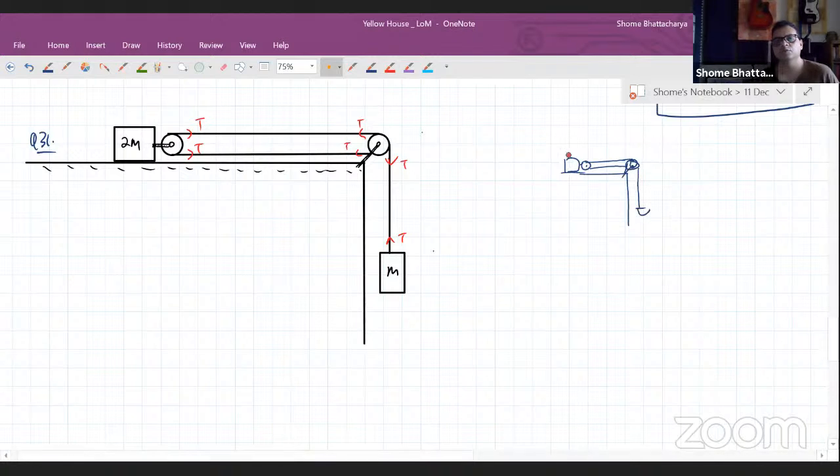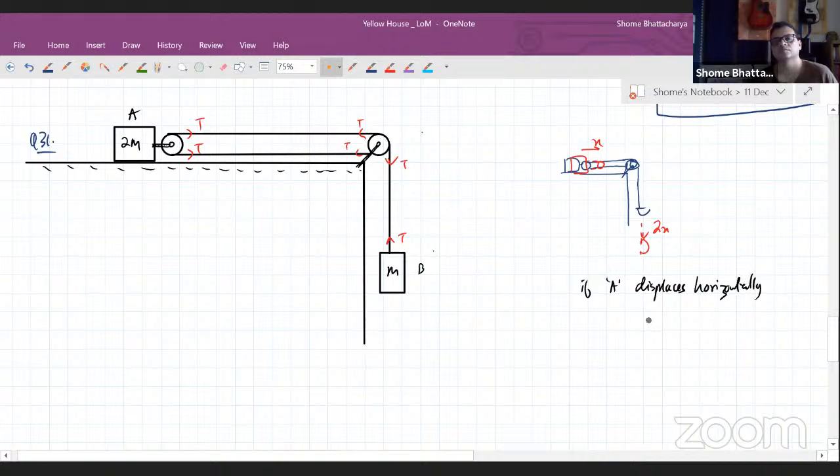okay, so if this block moves by a certain distance x over here, it will release how much thread? It will release 2x amount of thread. So this block will end up coming down by 2x. So basically what we can see here, the constraint wise, is that if A displaces horizontally by S_A equal to x, then this one will have a downward displacement of 2x.